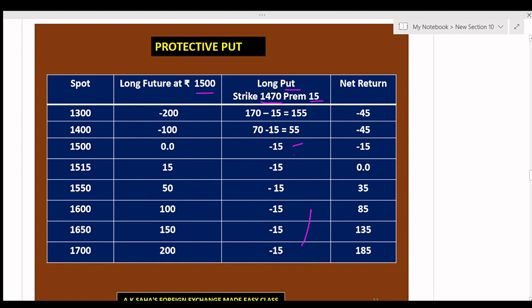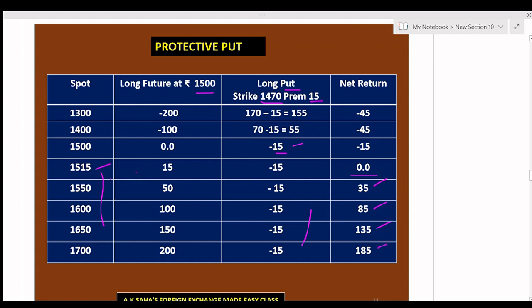From the higher side the premium paid will be the same, that is 15. And come to the point of BEP 1515. Here the BEP is reached, and if the market moves upward, then the profit will start and gradually increase, and it will extend up to the unlimited level.